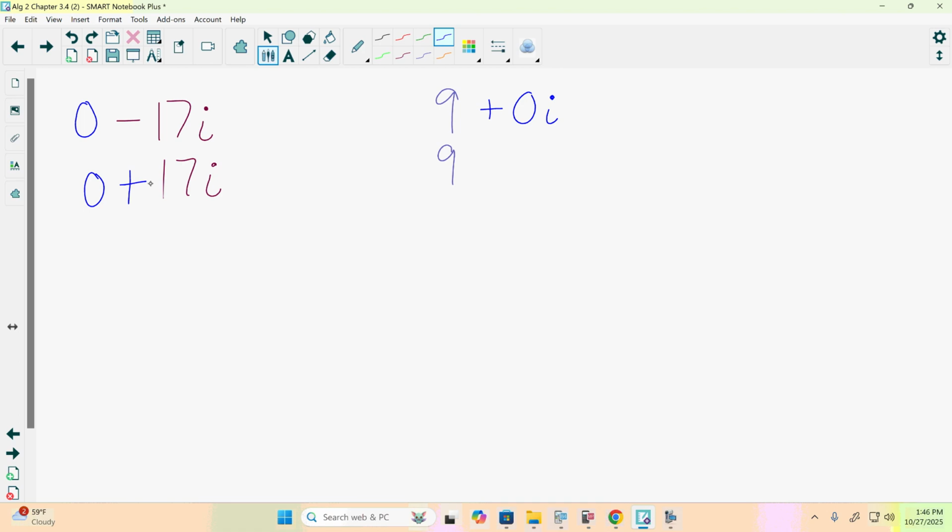So for 9, well, 9 is the same as saying 9 plus 0i, and its complex conjugate would be 9 minus 0i. So really, the complex conjugate of 9 is 9, because we're only changing the sign in front of the i term, not the real term.